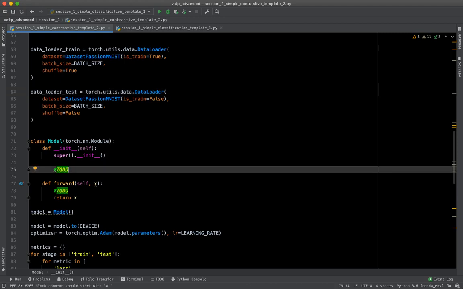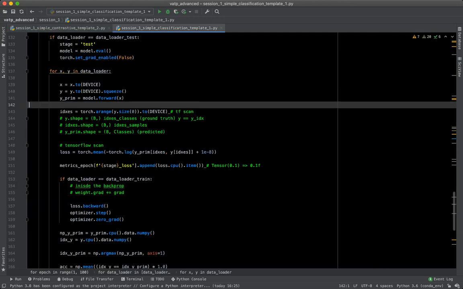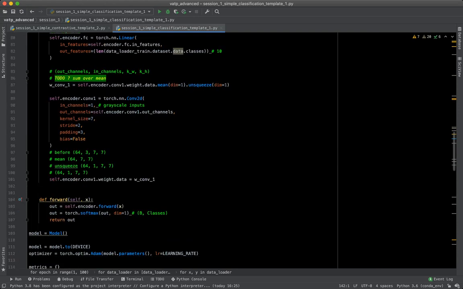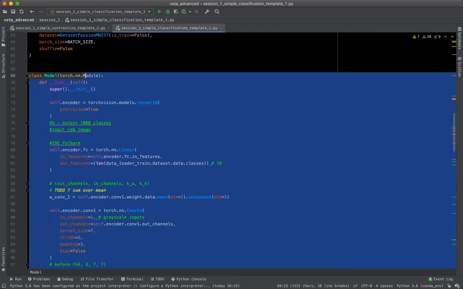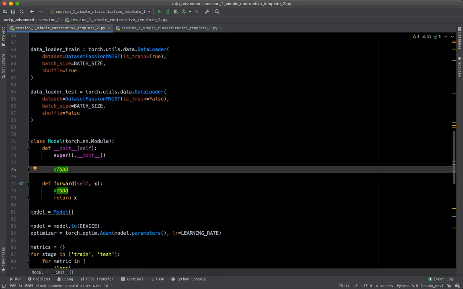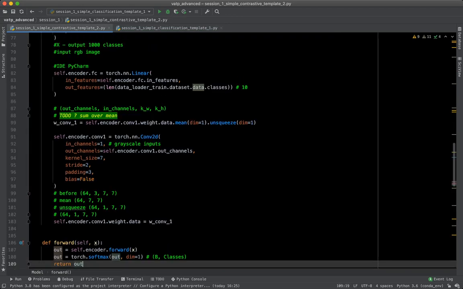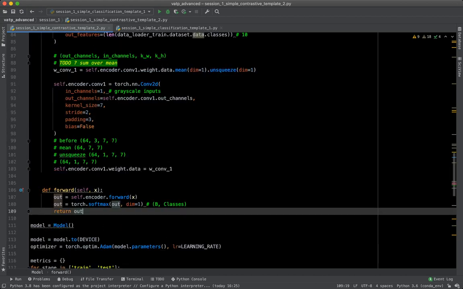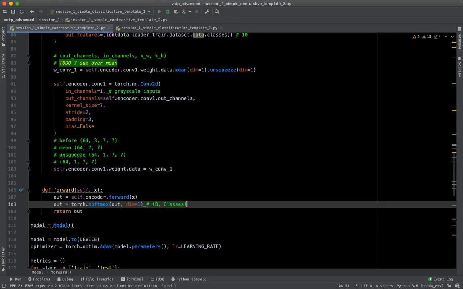So the idea here is that first you would copy the model code. Basically, we could copy the whole model code, but there will be at least one, but even more, significant differences. So if I copy the model code from the previous one, we need to change primarily the forward pass. Let me check. In the forward pass, we don't need the softmax first, because of course now we are not learning probability distributions.